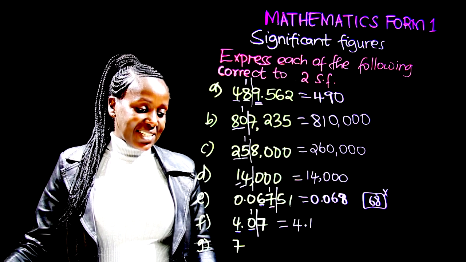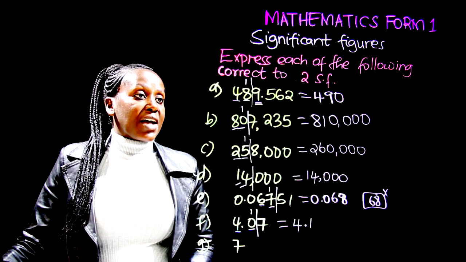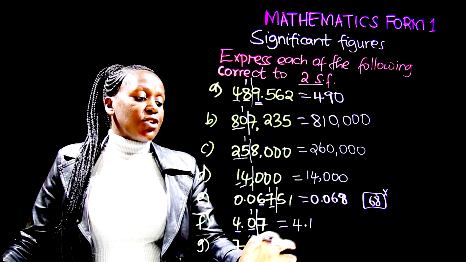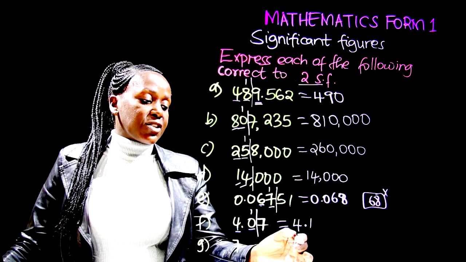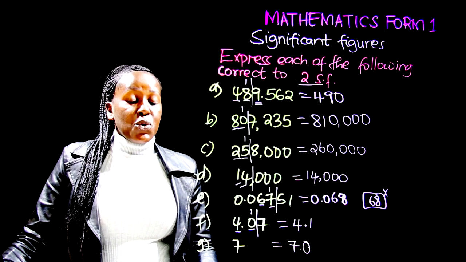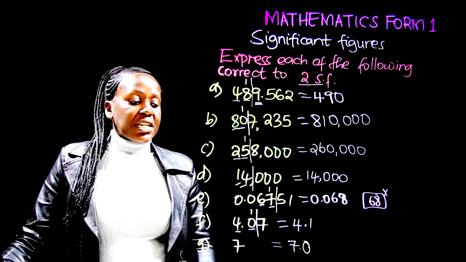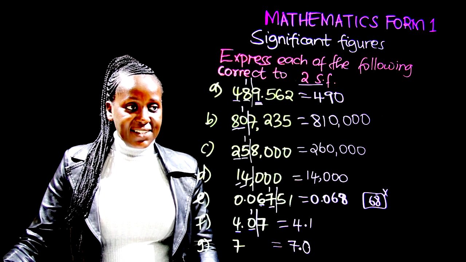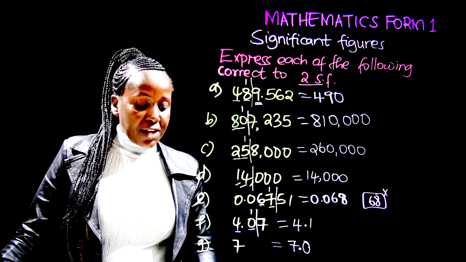Then 7 only has one significant figure, but we want two significant figures. So this will be 7 point, and we add an extra significant figure that will not change the value of the number, which is 0. So 7.0 is 7 written correct to two significant figures. So this is how you write numbers correct to significant figures.